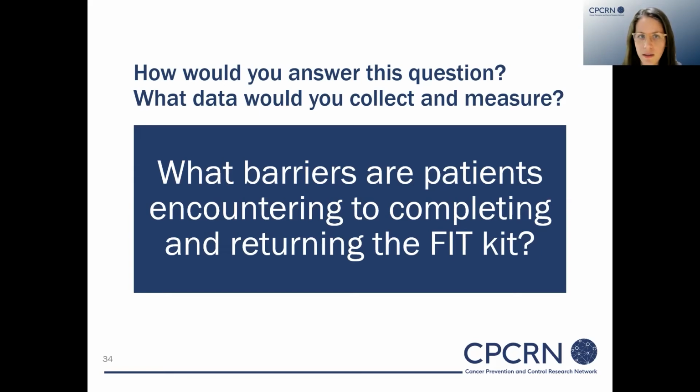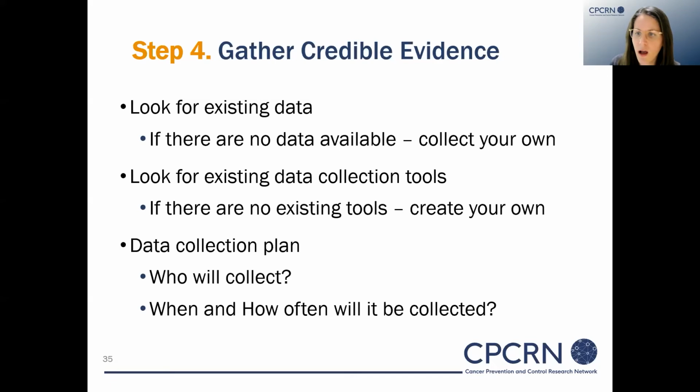Okay, so moving on then to our fourth step, which is gathering credible evidence. So now that you have your performance measures, you'll need to identify ways to collect data related to those measures. So the first step is always to see what is currently available by looking at the existing data.